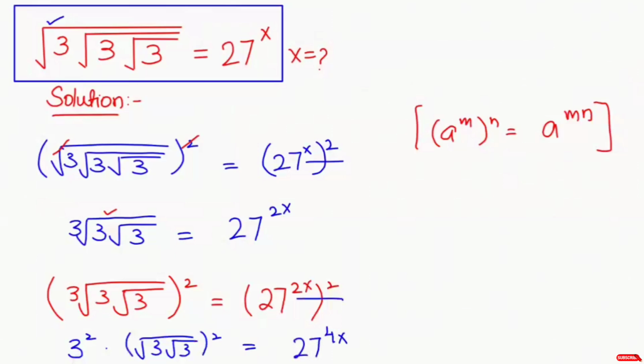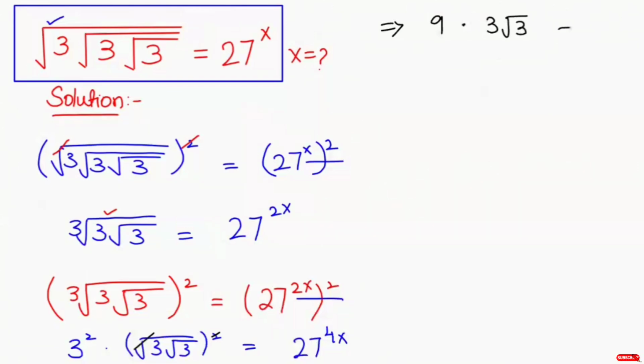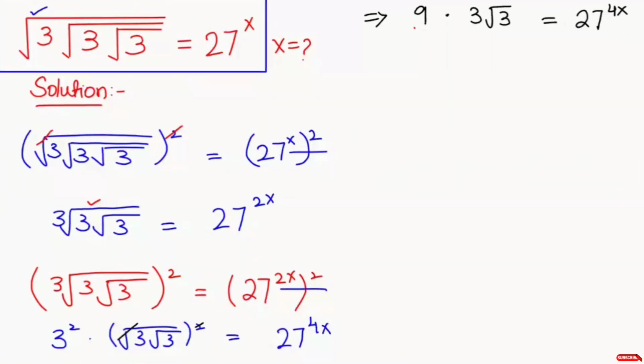Now 3 to the power of 2 is 9, and the roots and squares cancel out. So the remaining expression is 3 root of 3 equals 27 to the power of 4x. Now here I'm going to multiply this 9 with this 3.